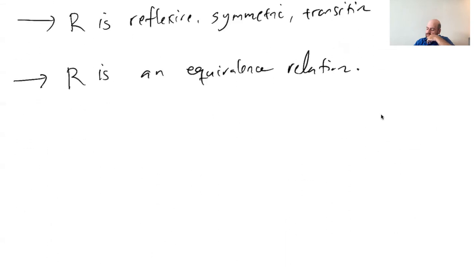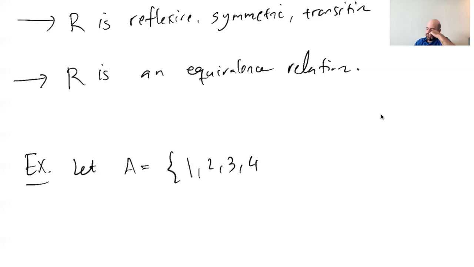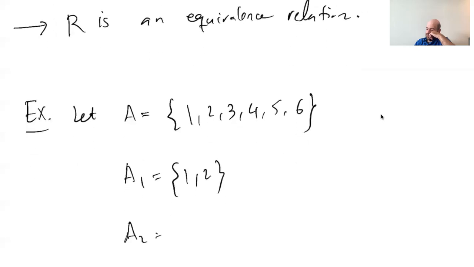So let's look at an example. Let A equal {1, 2, 3, 4, 5, 6}. Let A1 equal {1, 2}, A2 equal {3, 4, 5, 6}.